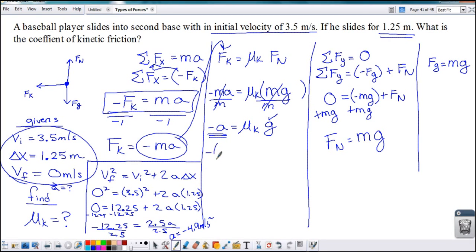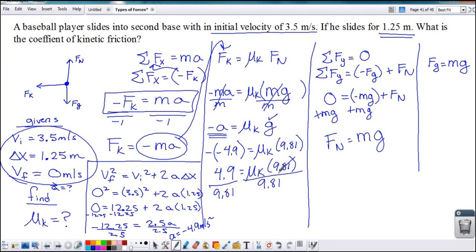So up here, I have negative, put my acceleration in, negative 4.9, is equal to the coefficient of kinetic friction times 9.81. Negative, negative cancels out, so I just have 4.9. Divide both sides by 9.81. And I get my coefficient of kinetic friction is 0.4994. If I want to round to the first decimal place, I would have to make that 5, so it would be 0.50.